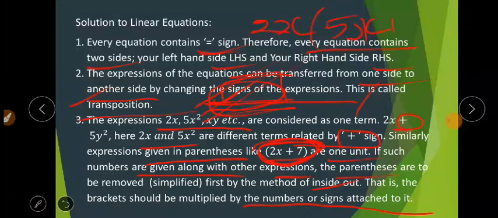Some minor mistakes. If you correct that, it is okay to solve all linear equations, and it will be simple. This is the only logic with respect to unit 2. If you can understand these three important notes, then the rest of the things you can solve easily. This is all with respect to today's session.